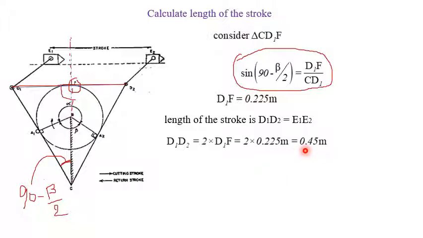After simplification we got 0.45. This is the length of the stroke for the given problem. In order to understand how exactly the stroke happens, this diagram is important. Otherwise, there is no need to draw the diagram in the exam.